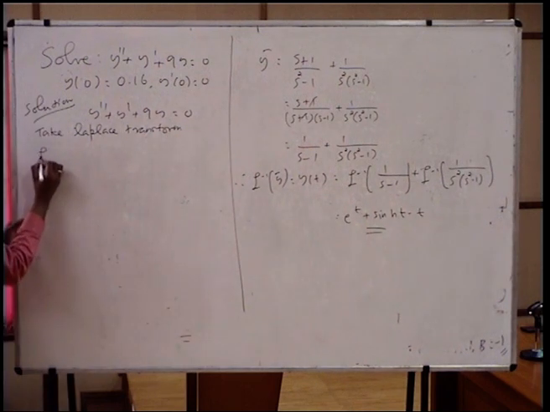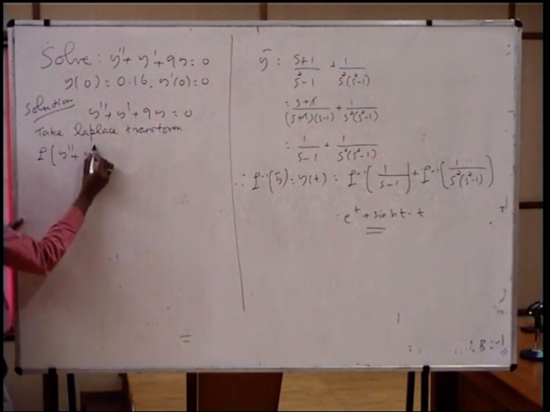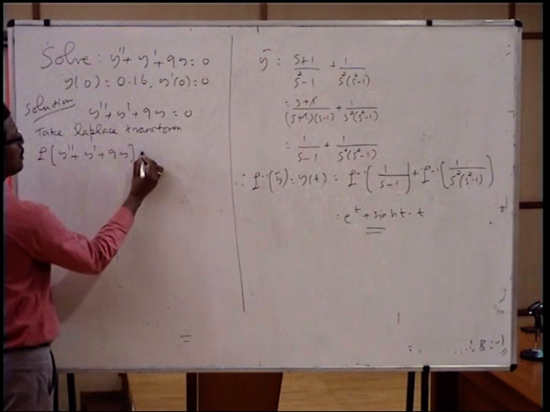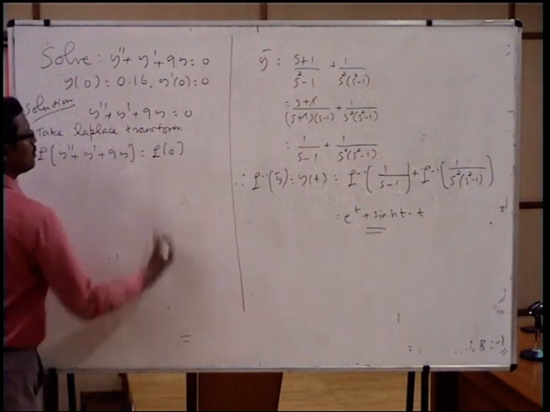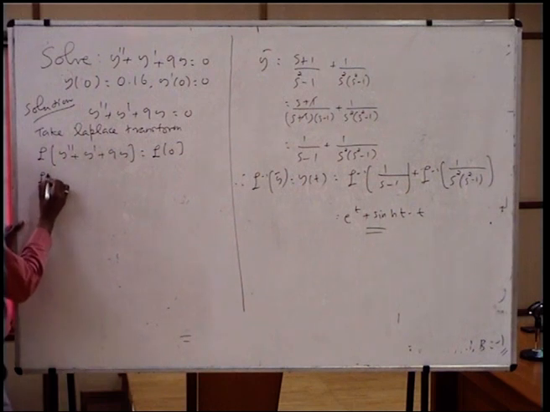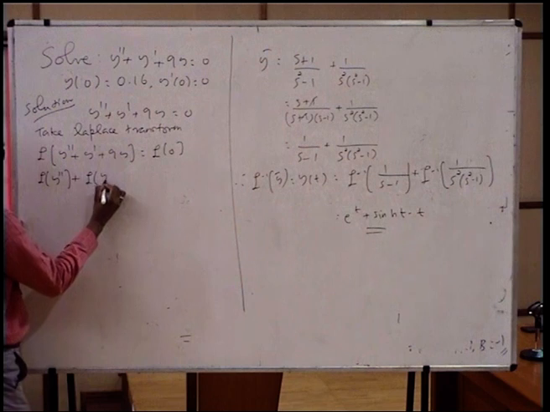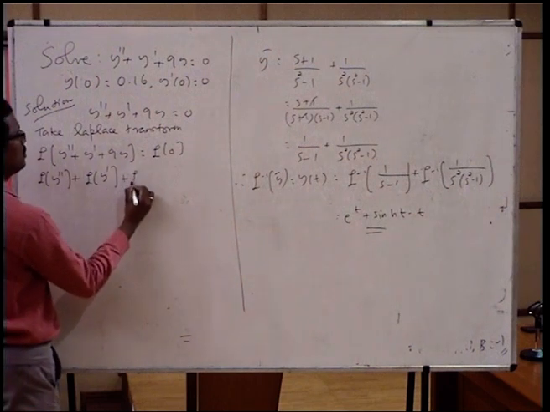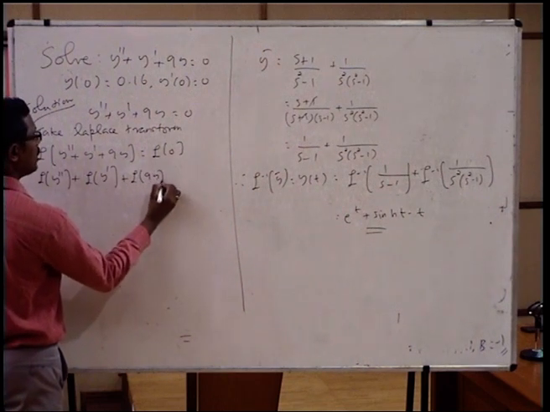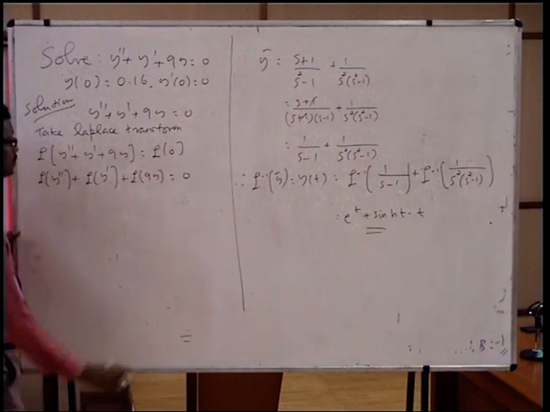So it implies that L of y double dash plus y dash plus 9y equals L of 0. And by the linearity property, you can write this as L of y double dash plus L of y dash plus L of 9y equal to 0, because L of 0 is 0.